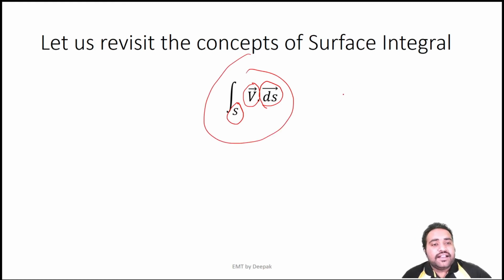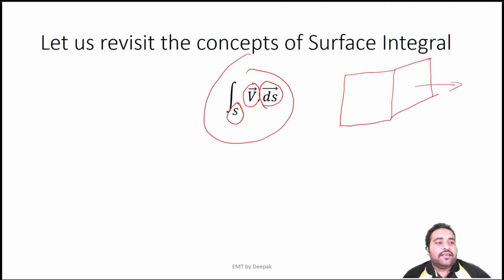For example, consider that you have one surface and you have another surface. This is along ax cap and this is along minus ay. Now, how to integrate this over the total surface?